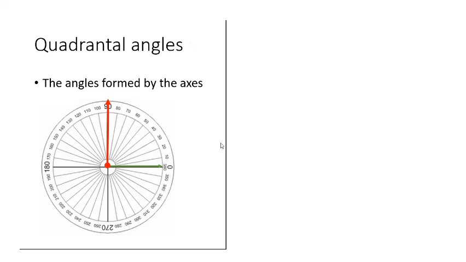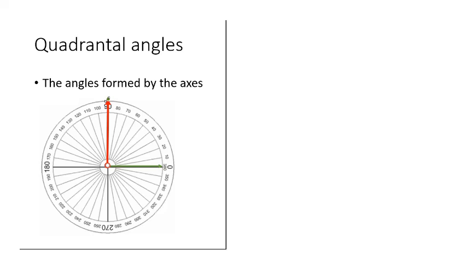Quadrantal angles are another definition that we're going to need. Quadrantal angles are basically the angles formed by the axes. So right here we'll see that the green line is on 0 and the red one is on 90. So our initial side is on 0 and our terminal side is on 90. So this is an example of a quadrantal angle because we're using the axes, the x or the y axis, to form the angle.